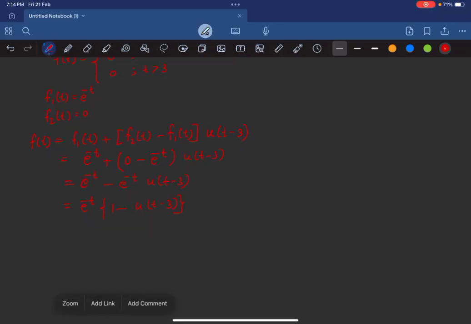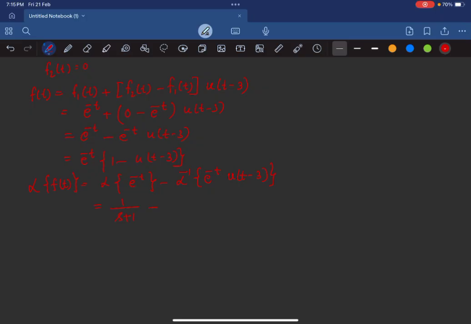So if you apply the Laplace transform, the Laplace transform of f(t) is nothing but the Laplace transform of e^(-t) minus the Laplace transform of e^(-t) u(t - 3). For the first, 1 by s plus 1, by the standard formula.